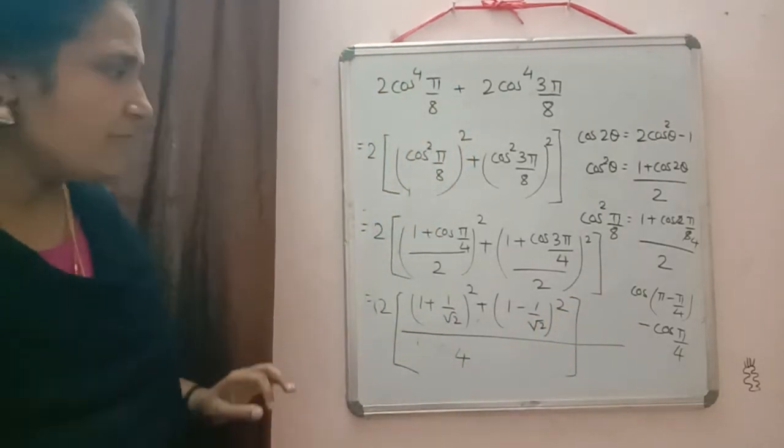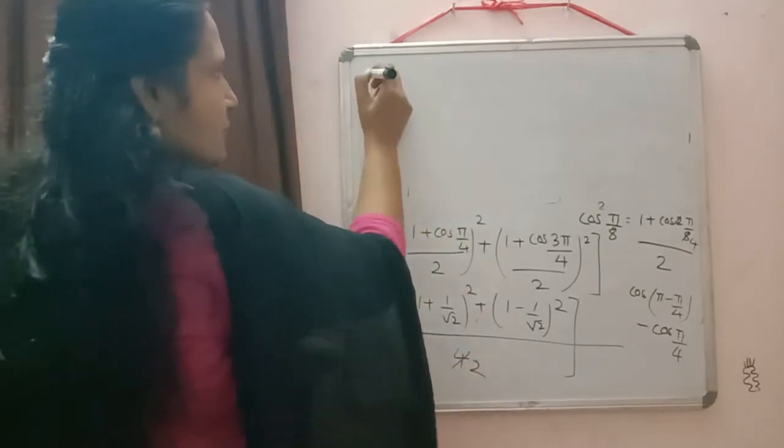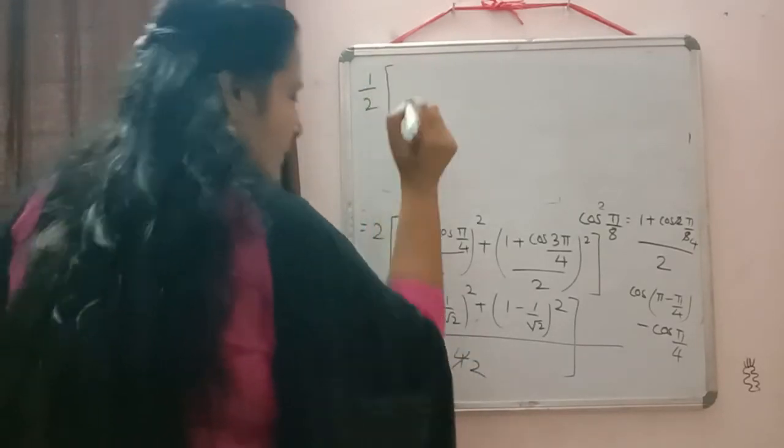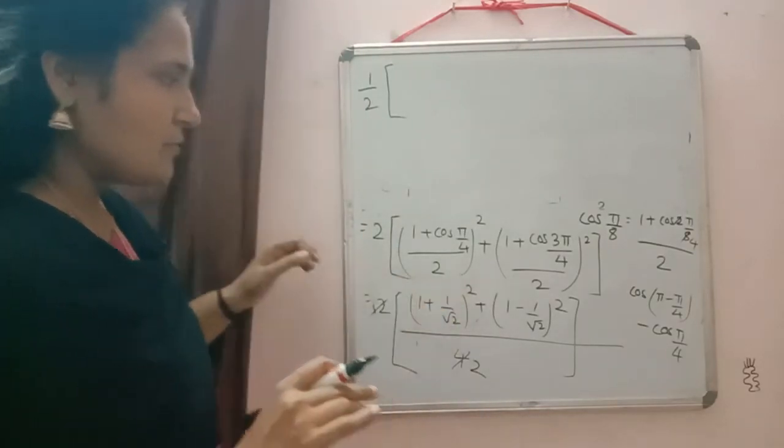Now we can simplify it using the identity. This 2 and 4 will get cancelled here, so 1 by 2 I am writing here. Now what remains? 1 plus 1 by root 2 the whole square.